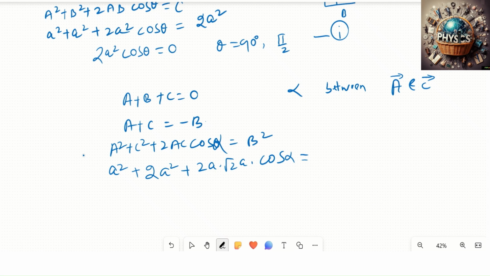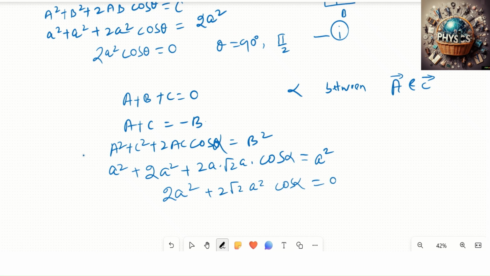B square is a square again. So cancelling out the other side, we get 2a square plus 2 root 2 a square cos alpha is equal to 0.